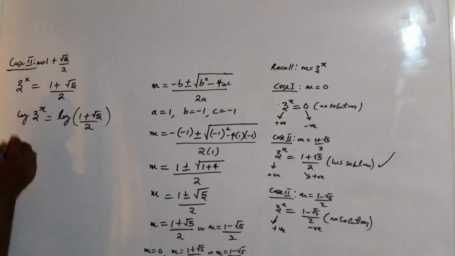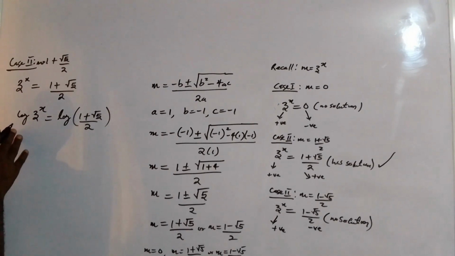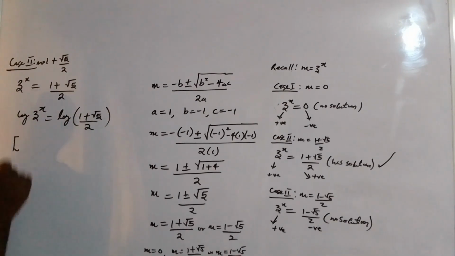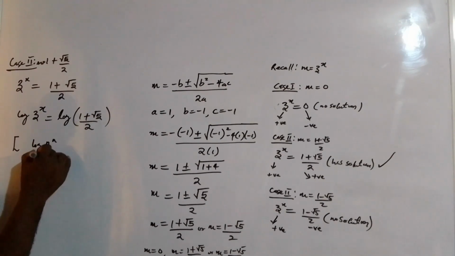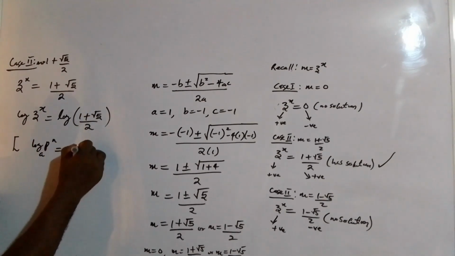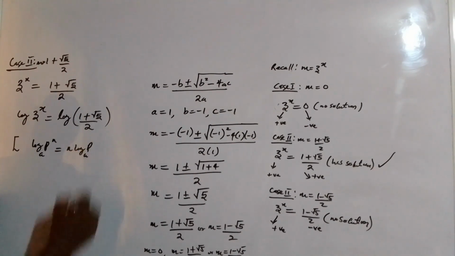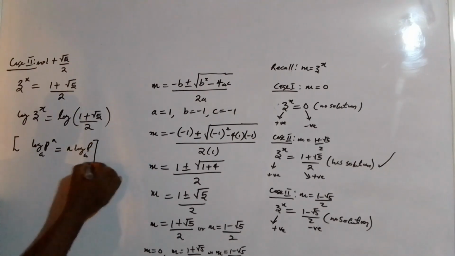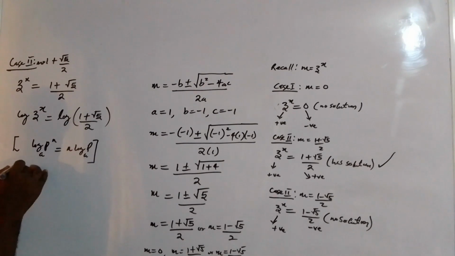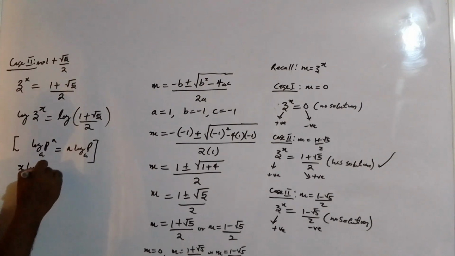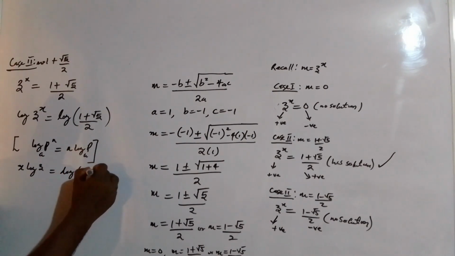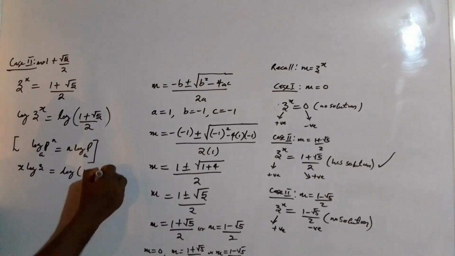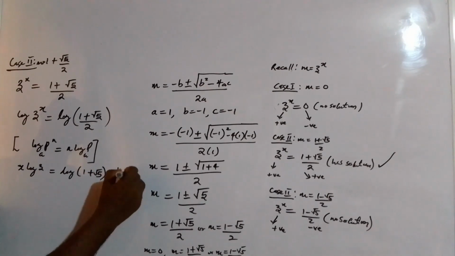Applying the rule of logarithm on the left, which says that if I have log of p to the power of n base a, this is the same thing as n log p base a. I'm going to apply this rule to the left hand side. So it becomes x log 3 equal to log (1 plus root 5) minus log 2.